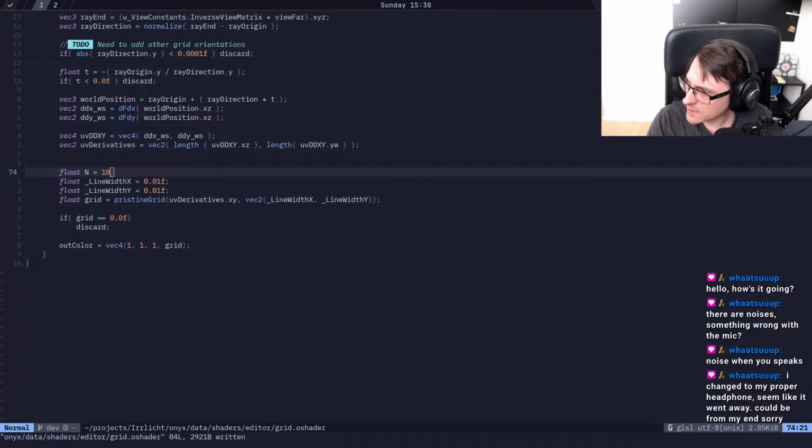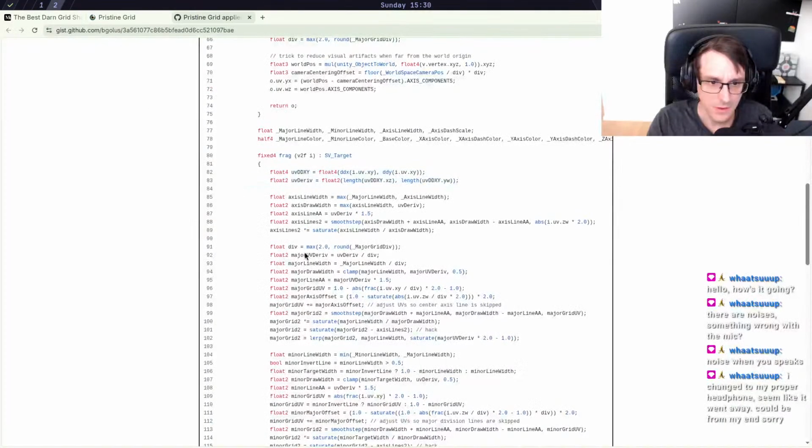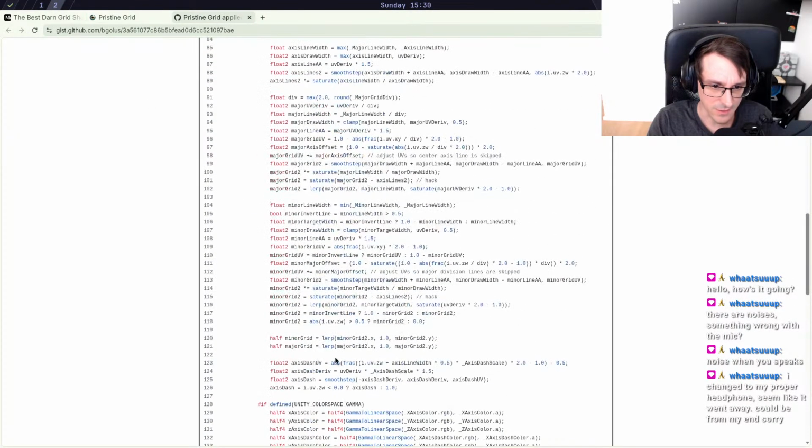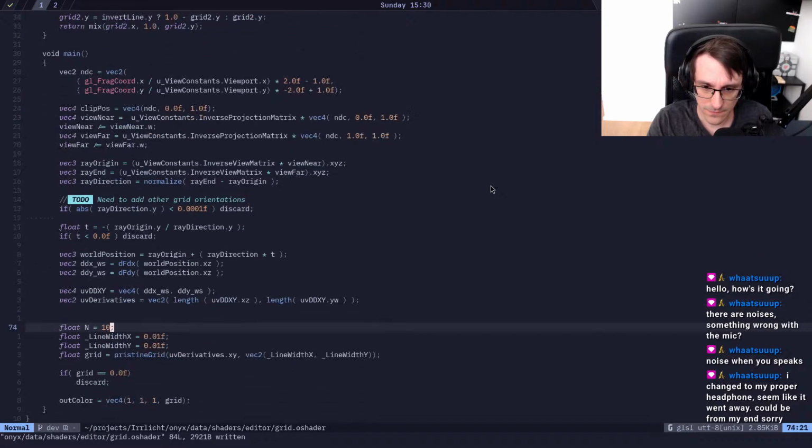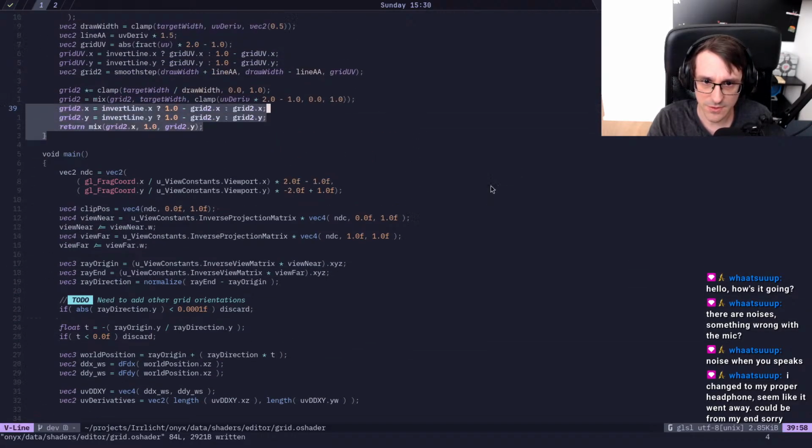Let me see what else he does. I mean, we can try to get the two axis lines right in, right? Let's try to do that. So basically, I think I will kill this function.